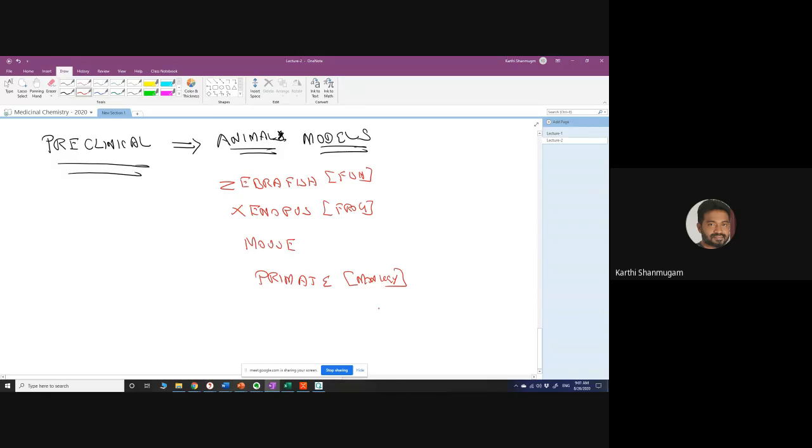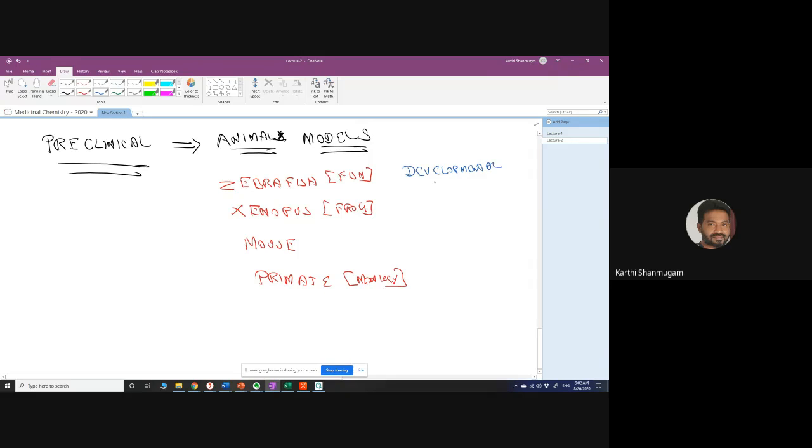So how do we choose this animal for animal studies? That depends on the type of disease in which the company is working. For all the diseases, we cannot use these animals randomly. Specific animals can be used for specific studies. That's the idea, right? Say, for example, you are working for a company to discover a drug molecule related to developmental biology.